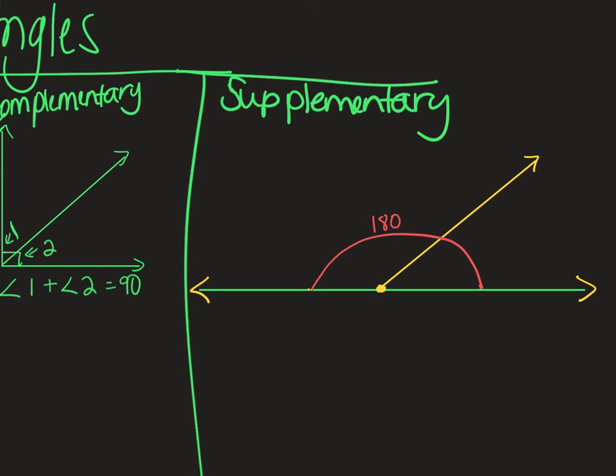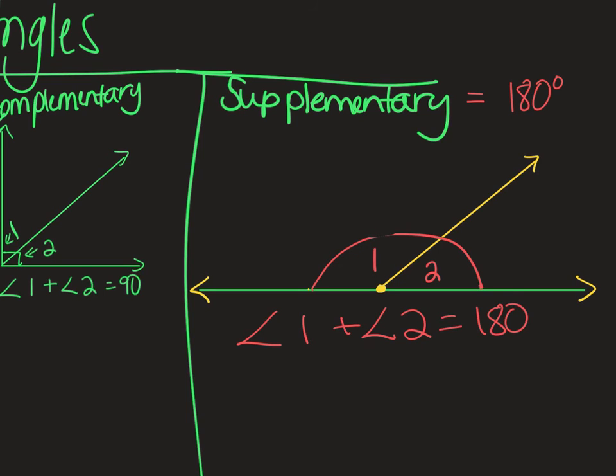That's what a supplementary angle equals, 180 degrees. Now I'm going to erase this 180 right here because I want to show you something. This is angle 1 and this is angle 2. Angle 1 plus angle 2 equals 180, because this is a 180-degree angle. That's half of a circle. If it would go all the way around, it would be 360 degrees.